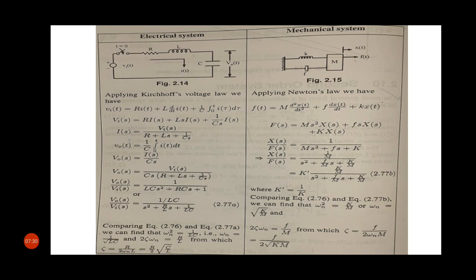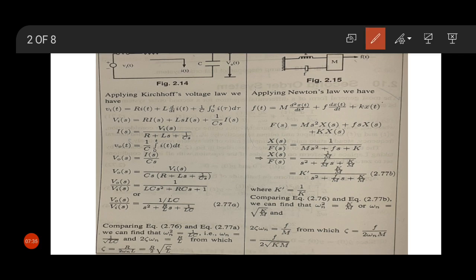Now again if we compare this equation, not the 2.77b equation but the one above it, with our standard second order equation, we can write omega n square equal to k by m.